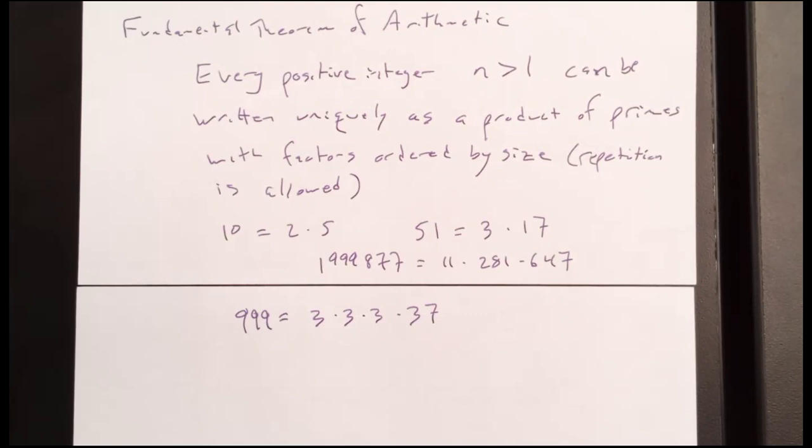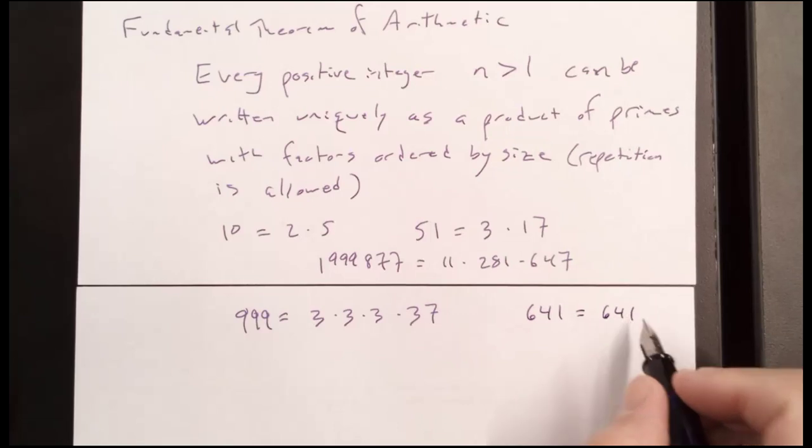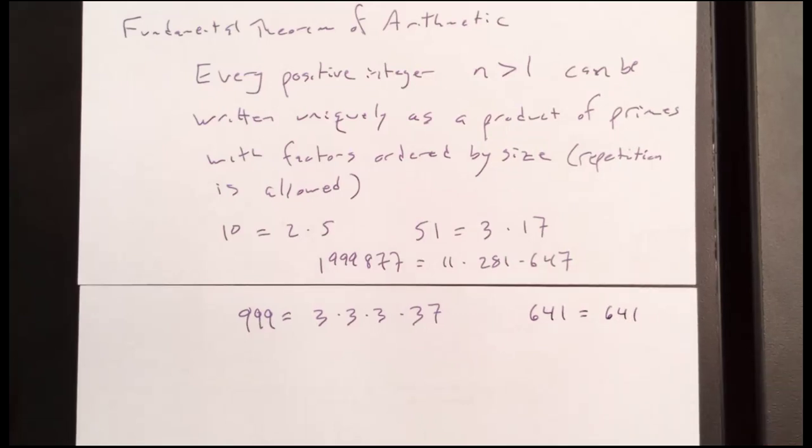So there's the reason I don't want to think of 1 as a prime number. It messes up my unique decomposition. By the way, it is possible that your number itself may already be prime, in which case you have a product decomposition that is just that number.